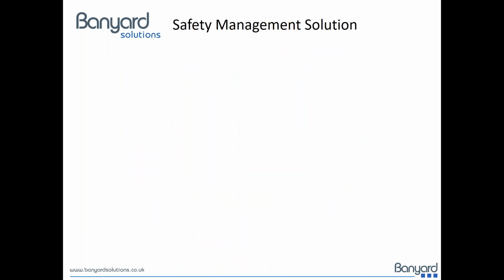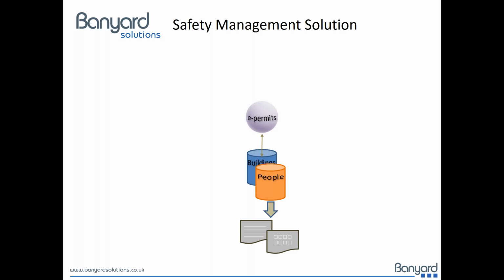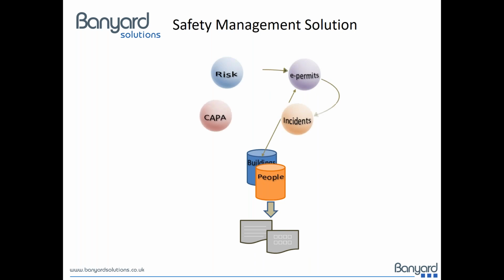And we're moving on even further into the future. What I've just showed you there is what we're aiming to do probably within the next 12 months. But in future, ePermits is, as we show here, sitting there, accessing databases on buildings and people, and able to produce various reports on those type of things. What we're planning to do, though, is build a whole suite of different parts of what we call a safety management solution.